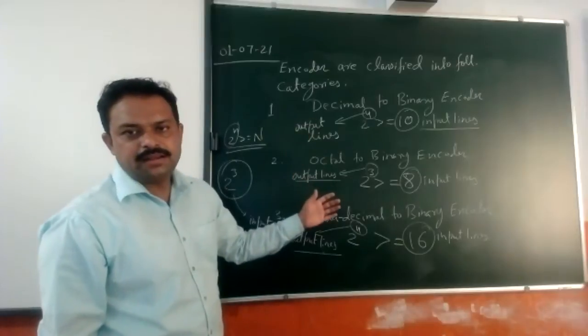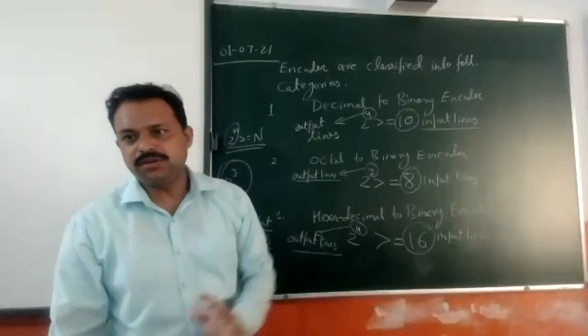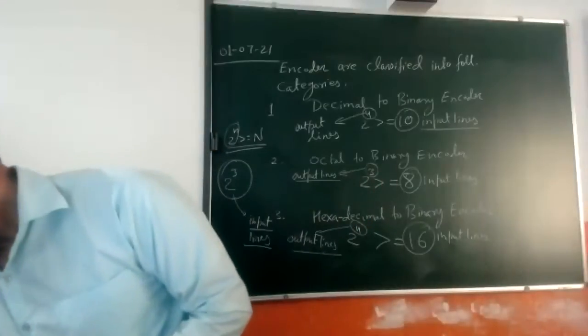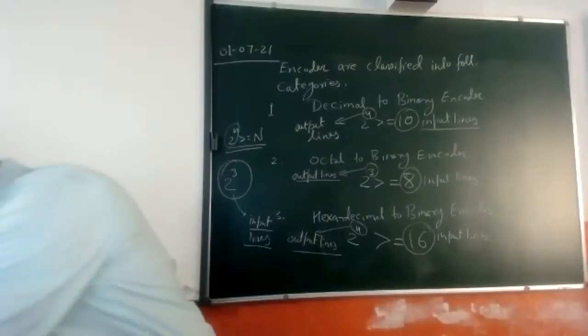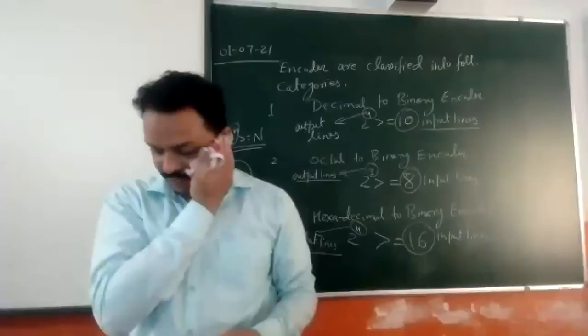So we have 3 encoders: decimal to binary, octal to binary, and hexadecimal to binary. Let us discuss one by one.